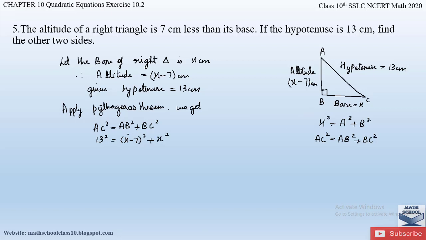This is of the form a minus b the whole square, which is given by a square plus b square minus 2ab.